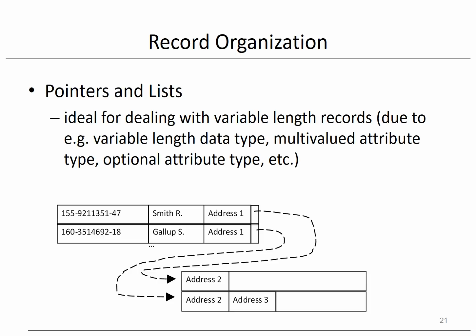Therefore, for each person, one address is stored physically adjacent to the other data items. But if a person has multiple addresses, a pointer is included that refers to the storage location where the other addresses are positioned. In this way, irregularities can be dealt with without affecting the overall record structure.